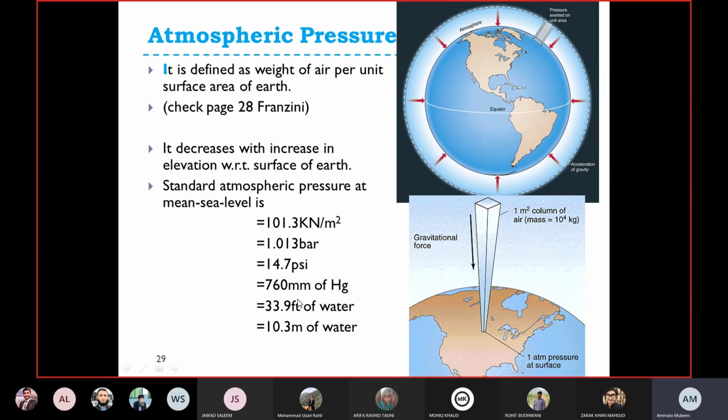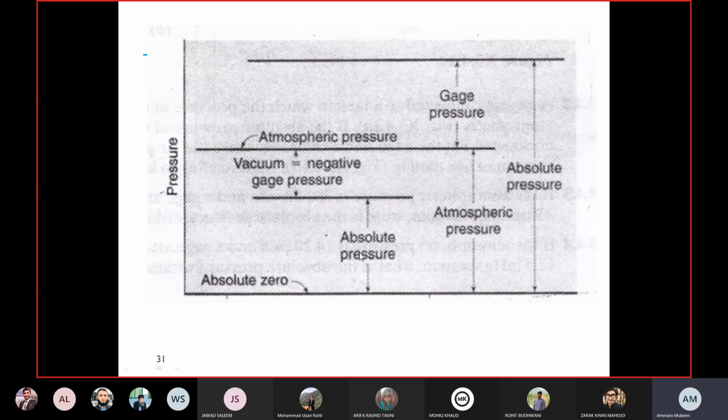So atmospheric pressure is measured with reference to absolute zero. If I say the atmospheric pressure is say 14 psi, this is atmospheric pressure, and I'll put a small a with its unit.